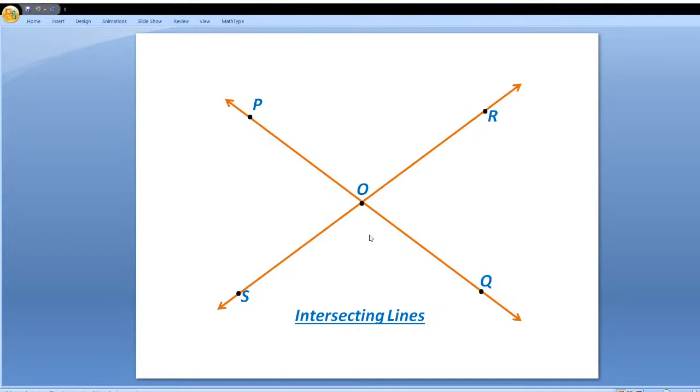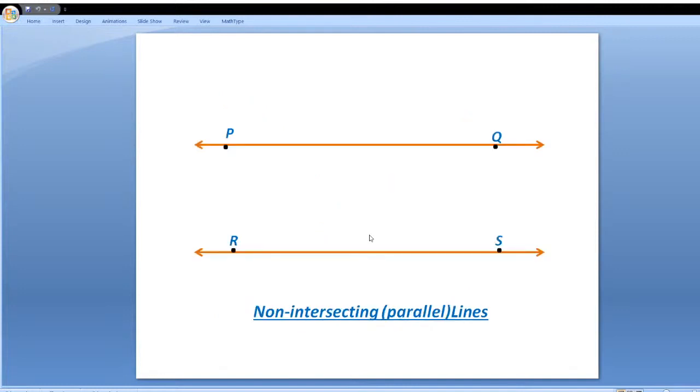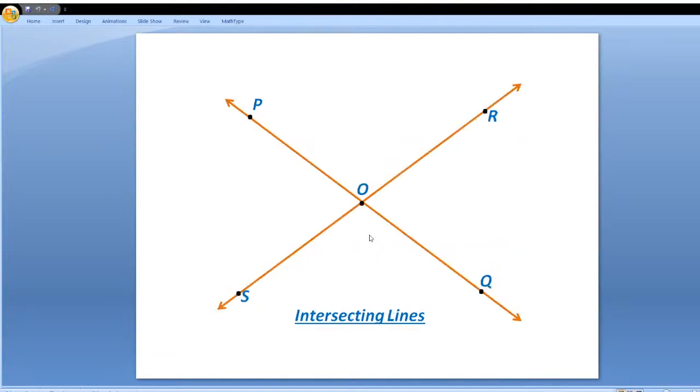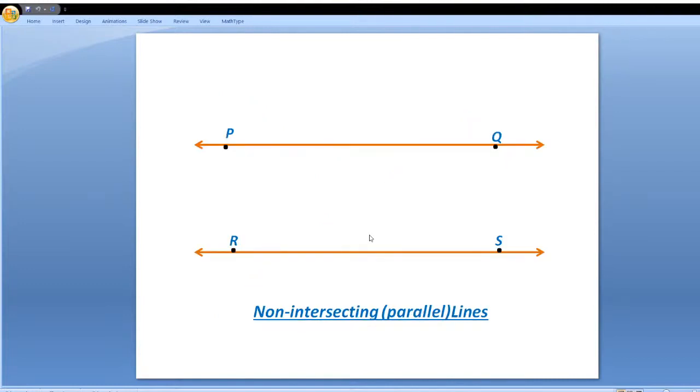If PQ and RS are not intersecting, then like this, PQ and RS are parallel lines. Okay, if intersecting lines, then they intersect in a single point O, otherwise both lines are parallel lines.